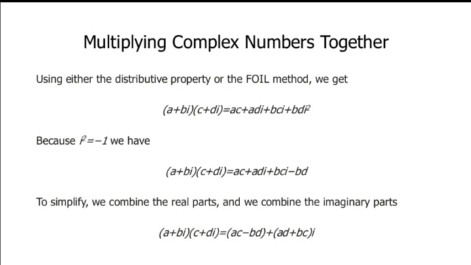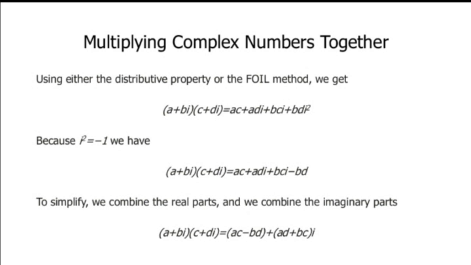And now, let's proceed to multiplying complex numbers together using either the distributive property or the FOIL method. We get (a plus bi) times (c plus di) equals a times c plus a times di plus bi times c plus b times d i squared, because i squared is equal to negative 1.